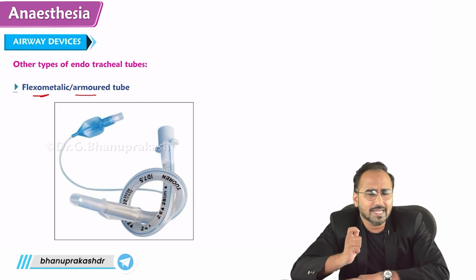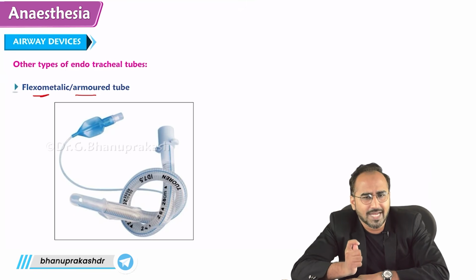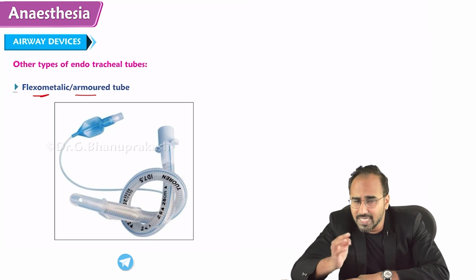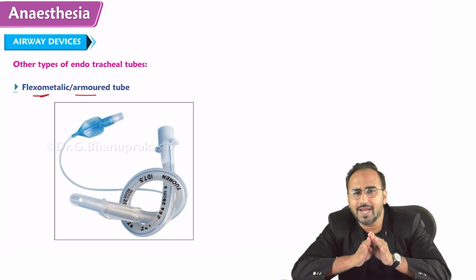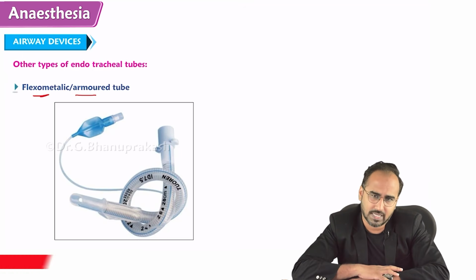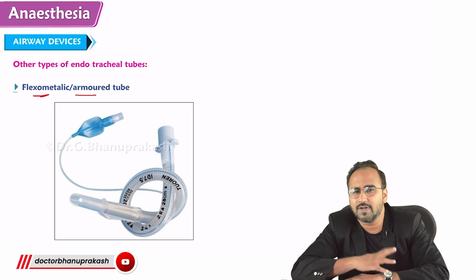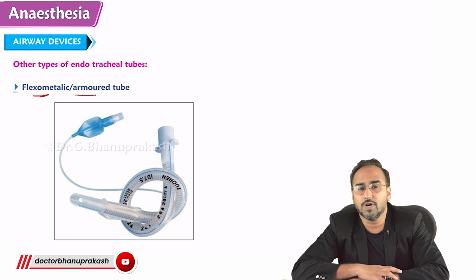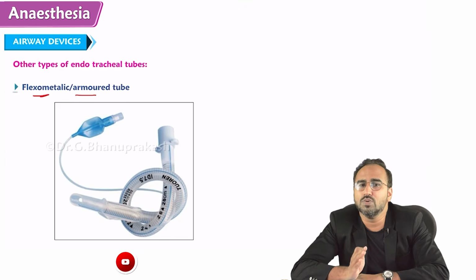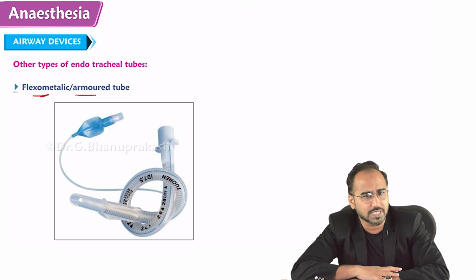If you intubate the person with a normal PVC tube and make the patient lie down in prone position, there are many chances that your tube might bend and kink. If there is kinking of the tube, there will be obstruction and you won't be able to ventilate, right? So remember, you can't use a PVC tube for prone position surgeries.